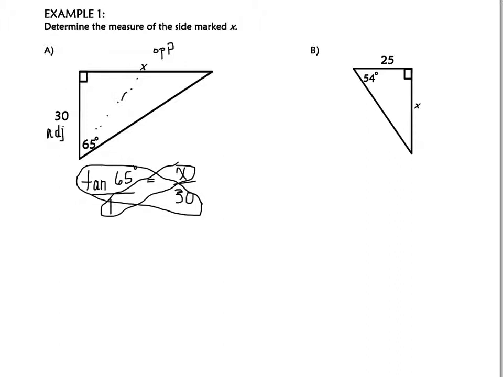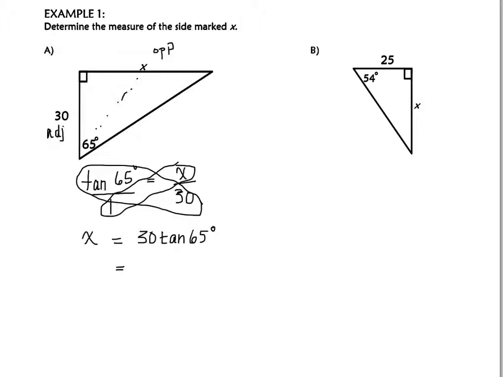Or you can consider this as isolating the x if you want. You can multiply both sides by 30 to get rid of the fraction on the right hand side. Either way, you're going to end up with x times 1 equals 30 times the tan of 65. And then it's just using your calculator.